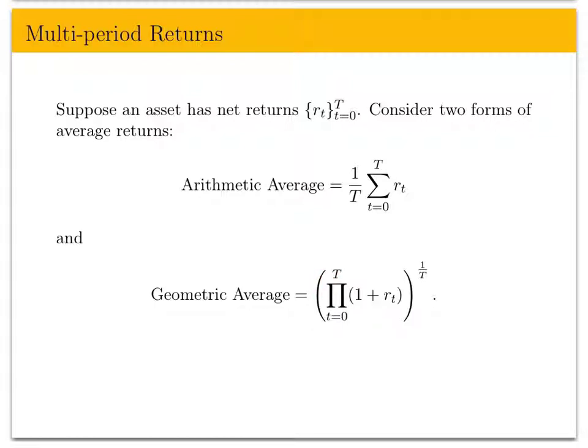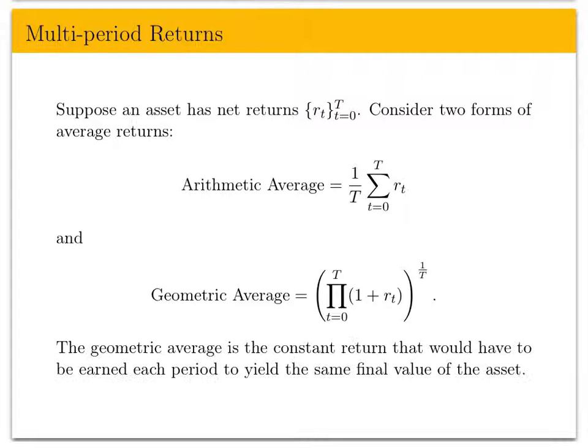And then to finish off the geometric average, you take the Tth root because you've multiplied T things together. The geometric average, well, what is that? It's the constant return that would have to be earned each period to yield the same final value of the asset, which returns r sub t, which potentially differ each time period.